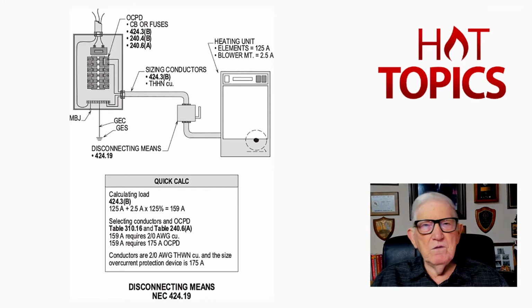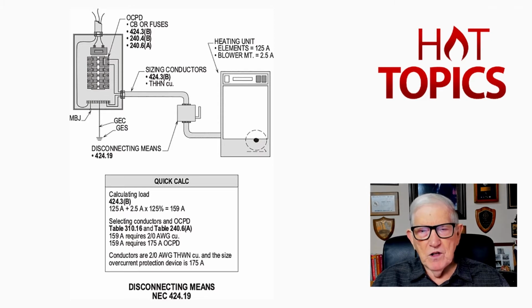Now, to do the calculation, we'll look at the quick calc. 424.3(B), 125 amps plus 2.5 amps. I said 2 amps, it's 2.5, excuse me, times 125%. Now notice you're taking both here, and you come up with 159 amps.